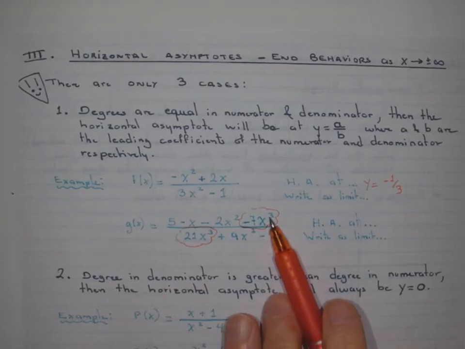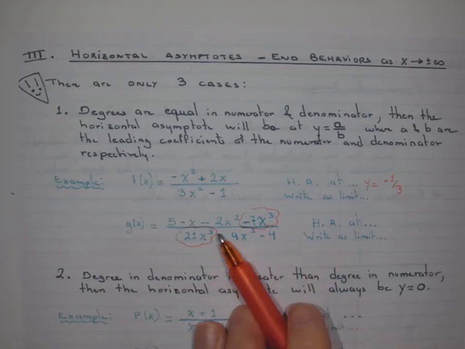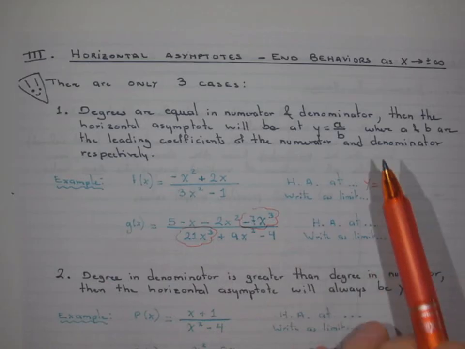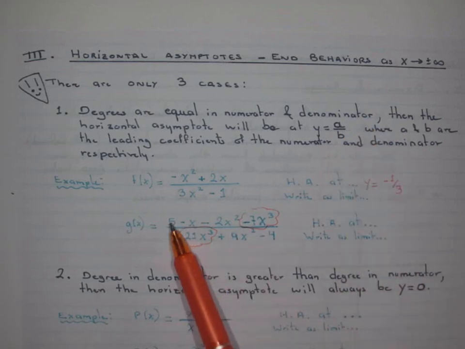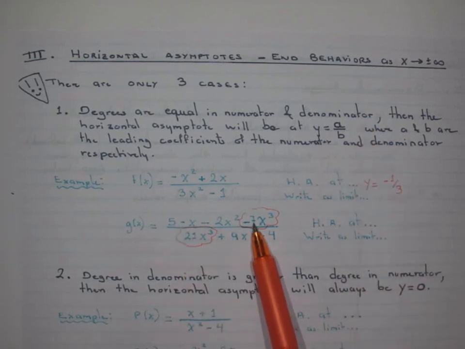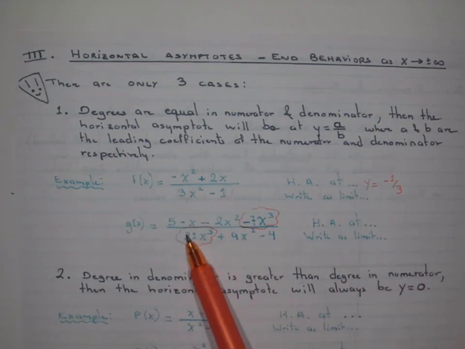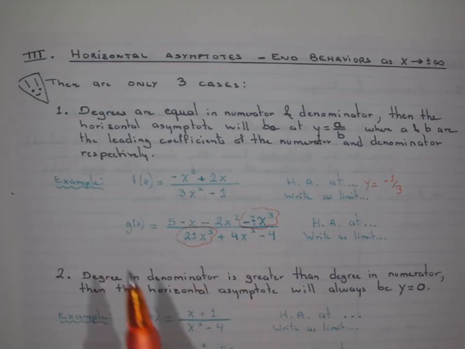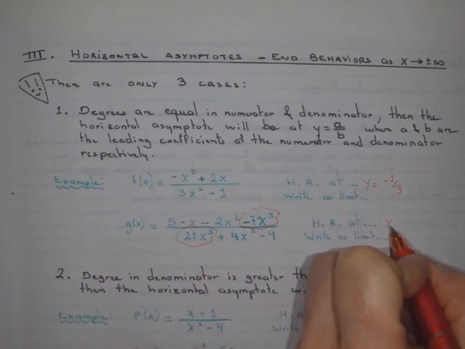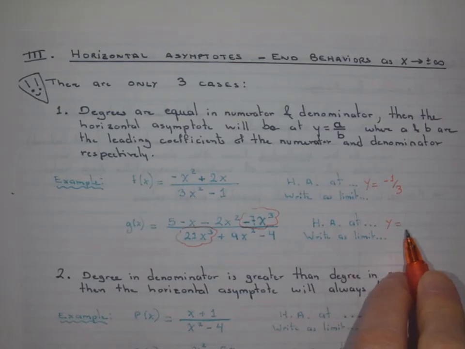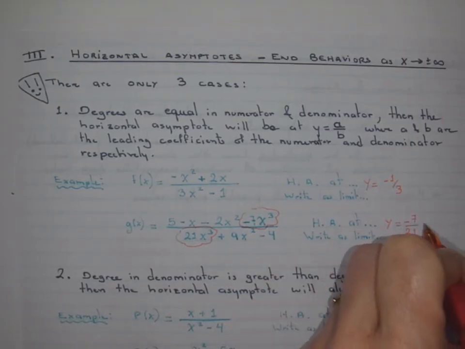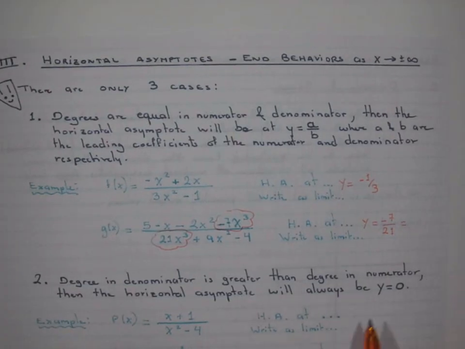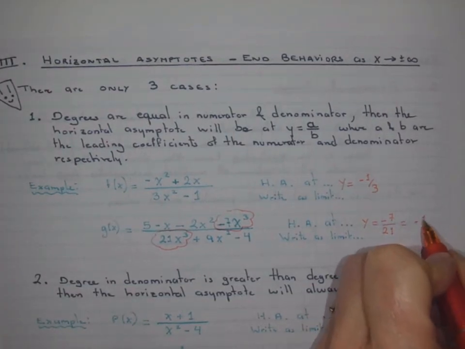That's a cubic, that's a cubic. They are the same, therefore we want a over b, a being the leading coefficient of the leading term, so not 5 but -7, and then the leading coefficient of the denominator will be 21. So here the horizontal asymptote will be at y equals, don't forget the y equals, -7 over 21, but we're going to simplify this fraction, right? And that will be -1 over 3. Okay.